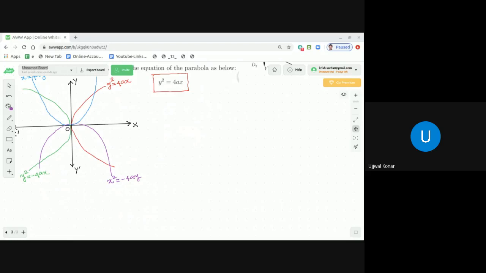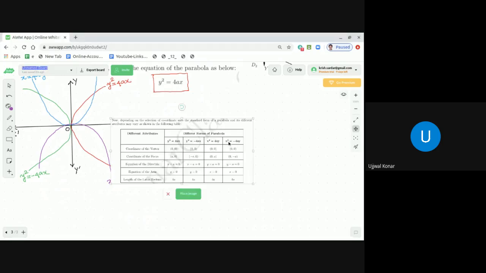What I said, dear students, and explained by means of this diagram of four different parabolas, is that depending on the selection of the coordinate axis and standard form of a parabola, its different attributes like coordinate of the vertex, coordinate of the focus, equation of the directrix, equation of the axis, length of the latus rectum, all will change. And it changes by following a proper pattern. I want to show you that particular table, and also let you know how this pattern is getting formed.